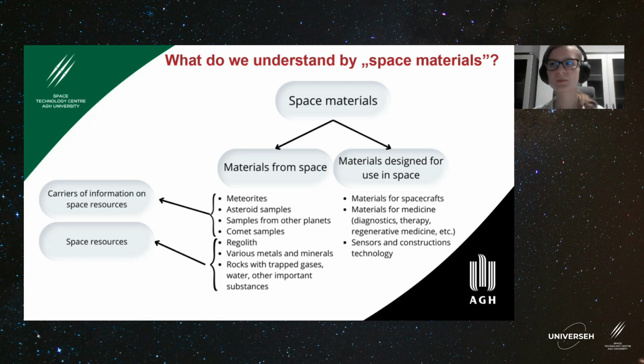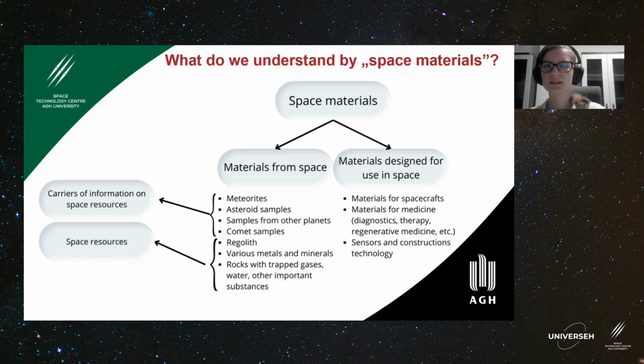And the difference between regolith and soil, something that in Polish we would call ziemia or gleba, is that regolith is created without organic processes, while soil, or in Polish gleba or ziemia, contains organic matter, organic particles.